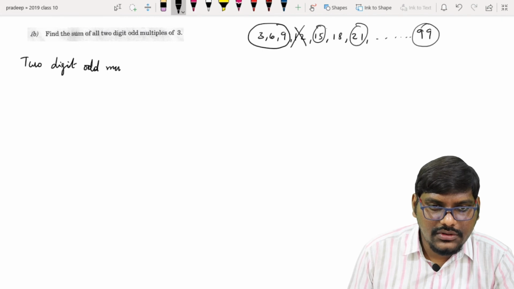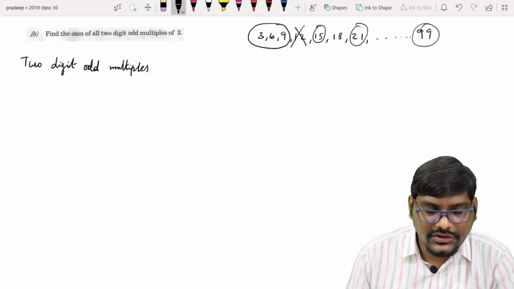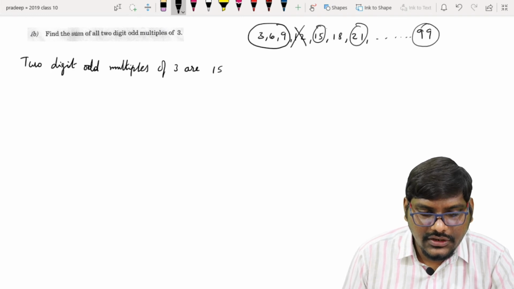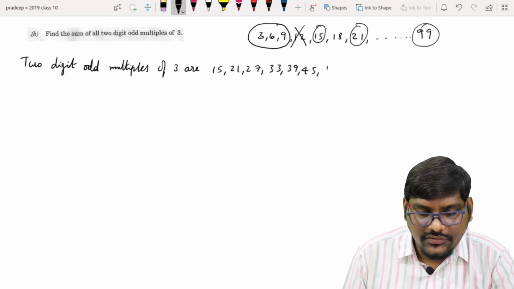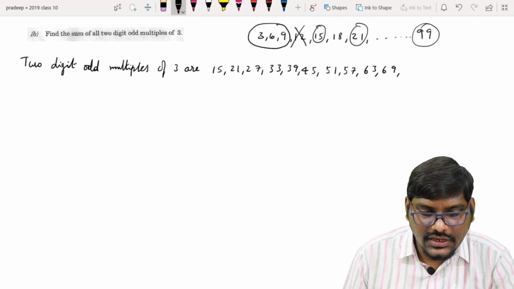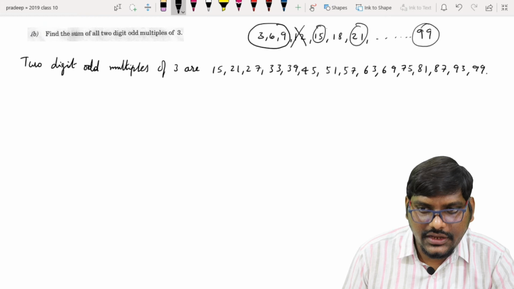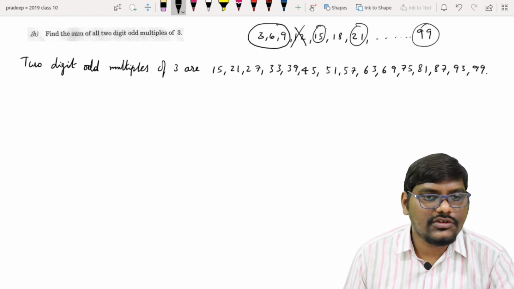We'll write all of them till 99: 15, 21, 27, 33, 39, 45, 51, 57, 63, 69, 75, 81, then 87, 93 and 99. So these are all the odd multiples of 3.